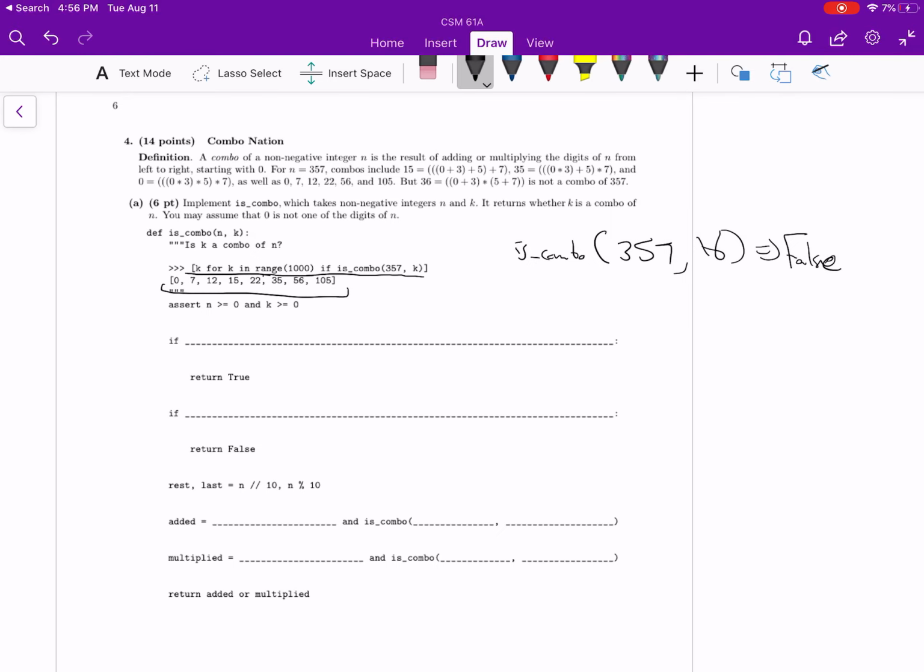In this case, the first thing we can observe is that at every step, for every digit, we have a choice. We can choose to either multiply or add a digit. And because we have that choice, and we're going to be simulating all these possibilities, this is going to be a tree recursion problem.